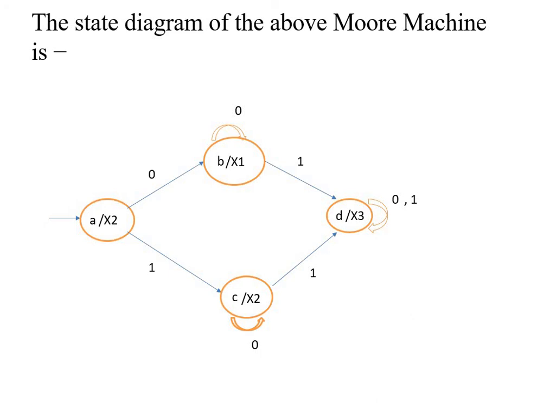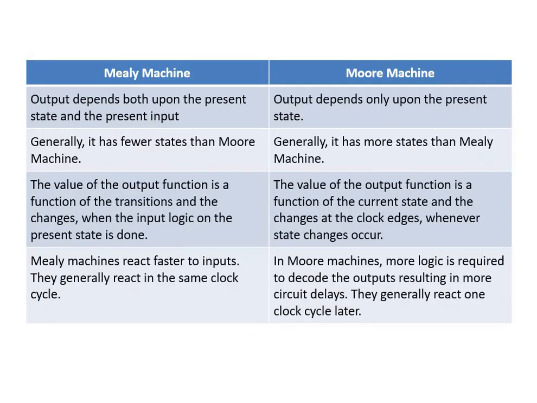Then what is the main difference between the Mealy Machine and the Moore Machine? The Mealy Machine's output depends on both the present state and the present input, while the Moore Machine's output depends only on the present state.